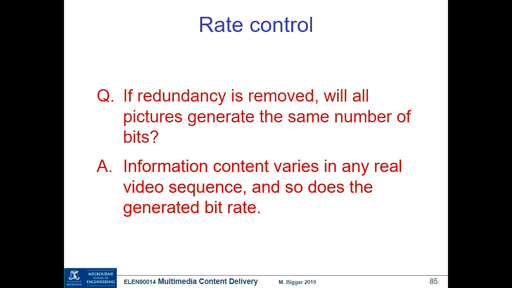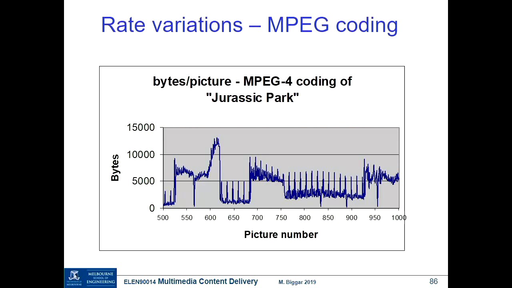And in fact, if we fix the quantizer, if we use the same quantizer for a series of video frames, then we get this sort of rate variation on the output. This happens to be using MPEG-4. We will talk about MPEG-4 later on. It doesn't matter what the source is.